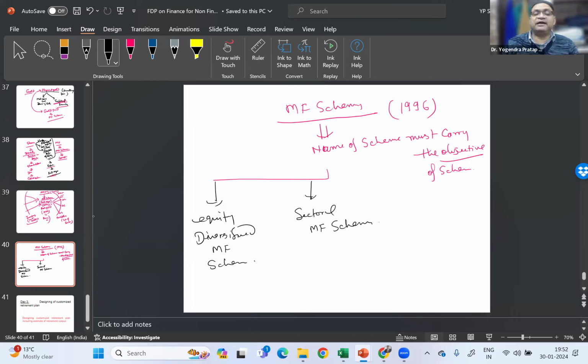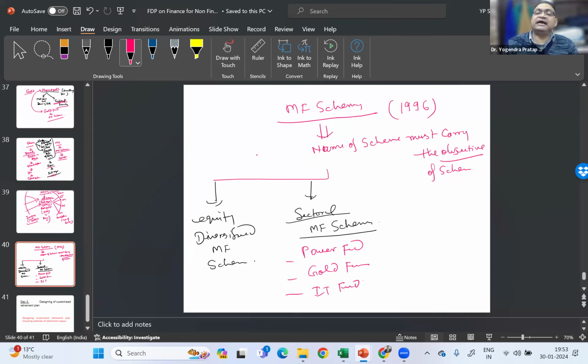Now, here the fund manager is bound to invest your money in companies of a particular sector only. I'm giving you examples like power fund, gold fund, IT fund.